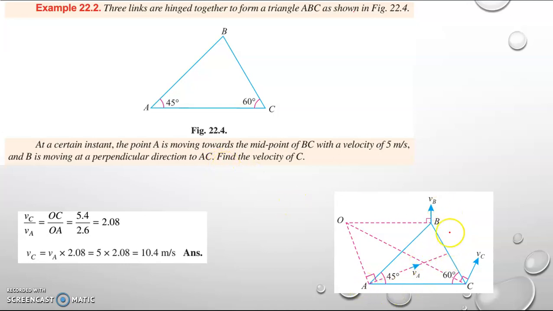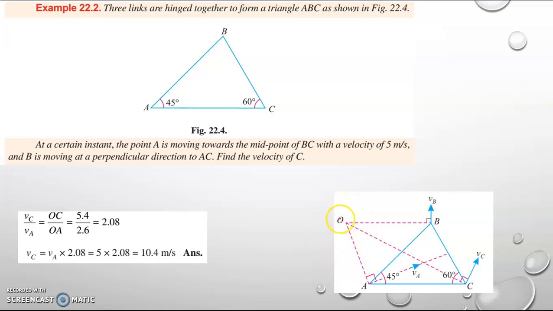So we will be marking VB either upward or downward in a direction perpendicular to AC. Here I have drawn it in the upward direction, and from that point also I have drawn a perpendicular. So I already got a perpendicular from point A, and here one more perpendicular. These two will meet at point O. This is the instantaneous center.